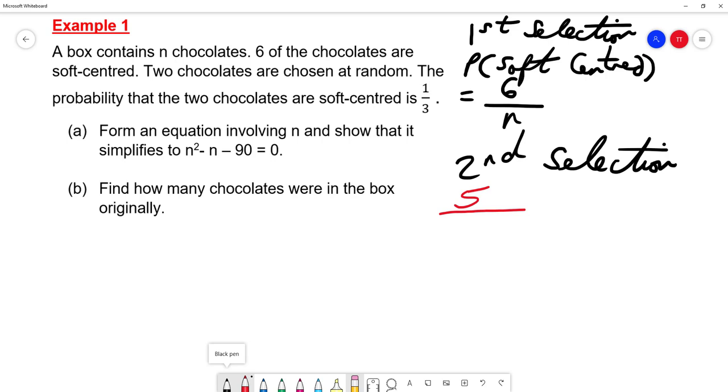I've got n minus 1. So it will be 5 out of n minus 1. The probability of me choosing a soft-scented chocolate on the first selection is 6 out of n, and the probability of me choosing a soft-scented chocolate on my second selection is 5 out of n minus 1.